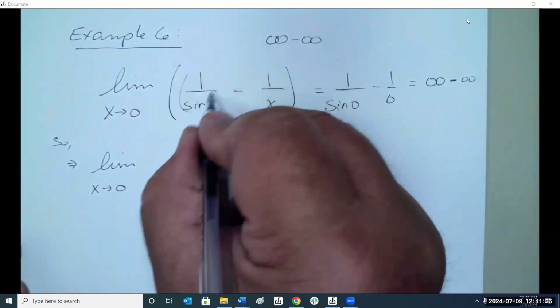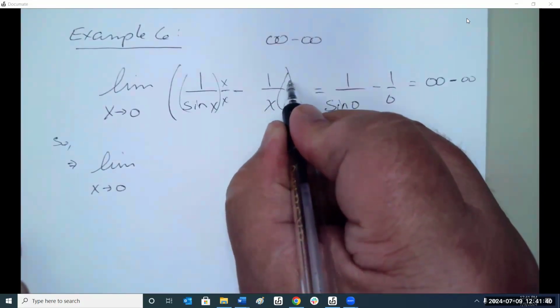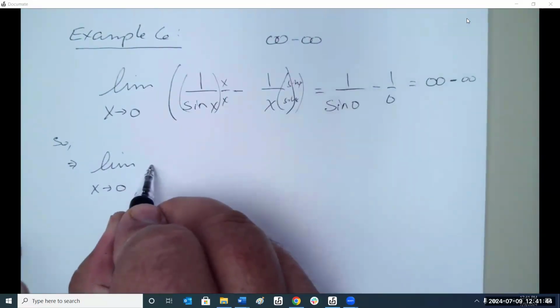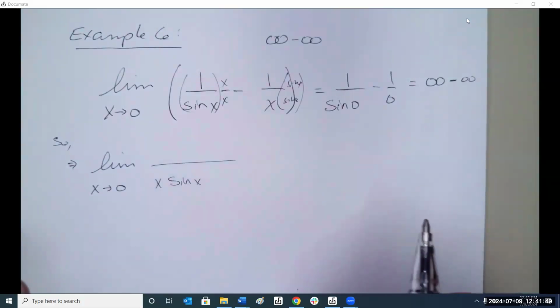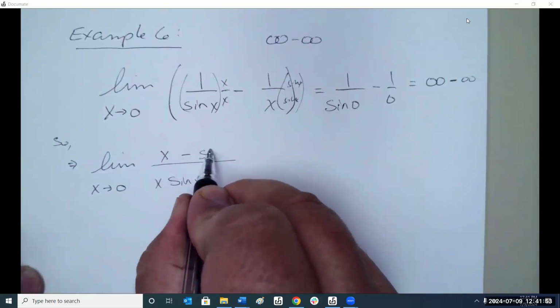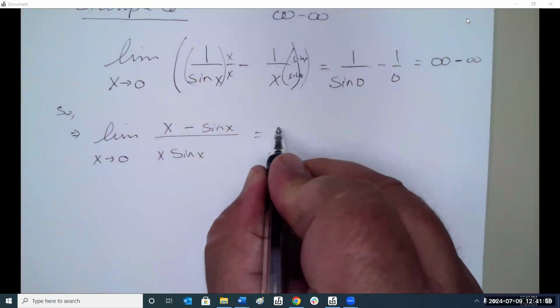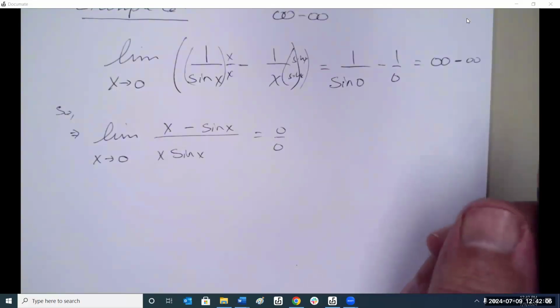This side needs an x over x. This side needs a sine x over sine x. So sine x times x is on the bottom, x minus sine x. And we get 0 over 0, which is what we're looking for. Because once we get 0 over 0, now we can use L'Hopital's rule.